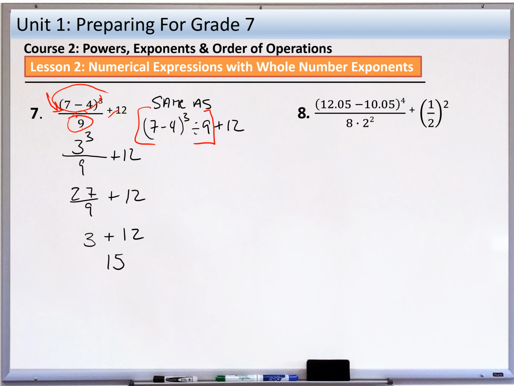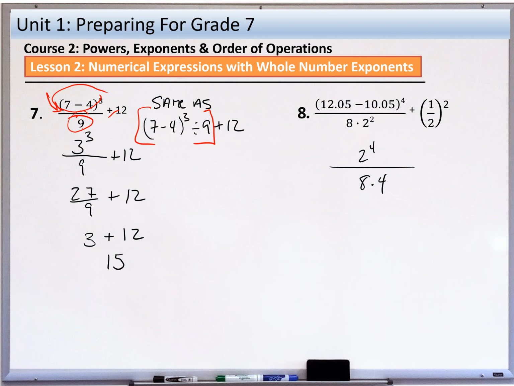All right, similar for number 8. I have this value divided by this value, and when I'm done, the order says I have to add that value. All right. Let's see what we come up with here.